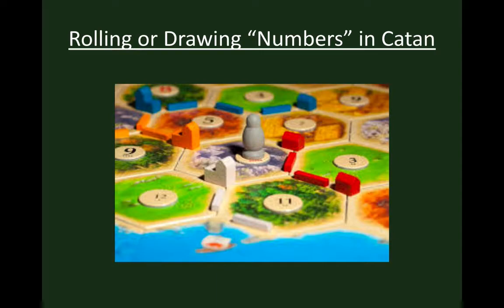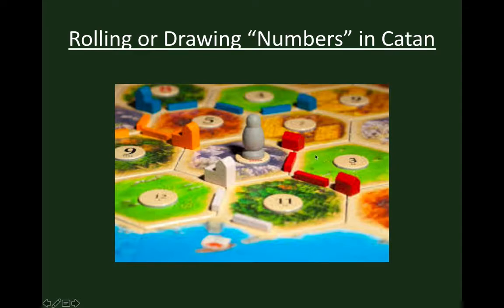In this board game, Catan, the numbers you roll are actually pretty important to the game. You can see there are these hexagon pieces, and on the hexagons are little discs with numbers.